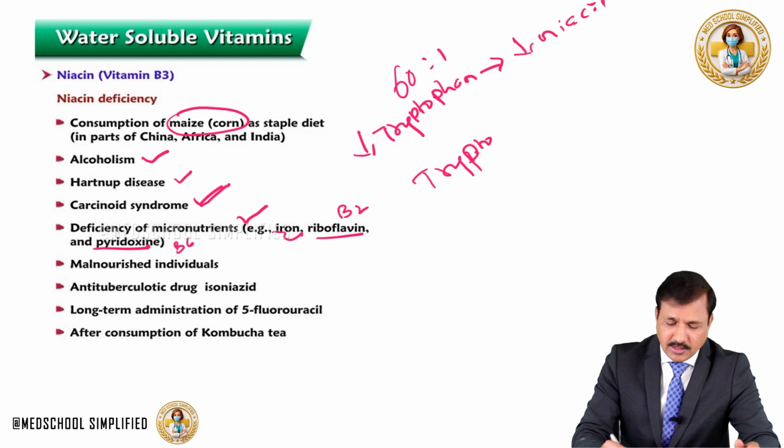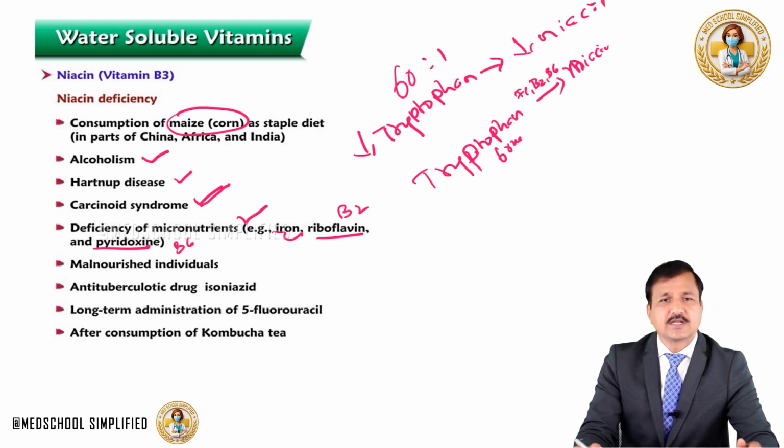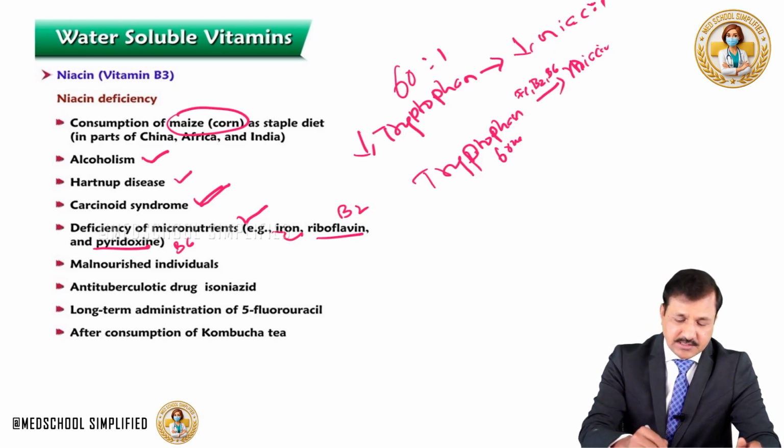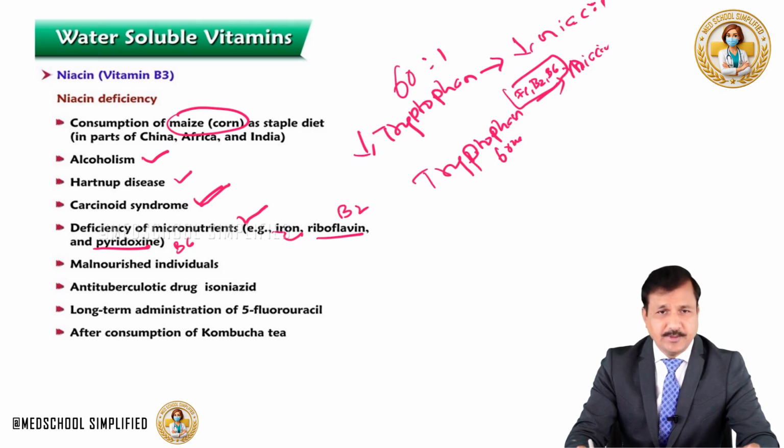As we already know, 60 milligram of tryptophan is converted into 1 milligram of niacin. For this conversion, we need iron, vitamin B2 and vitamin B6. So, if there is a deficiency of these molecules, that is iron, vitamin B6 and vitamin B2, that can also put them at risk of niacin deficiency.